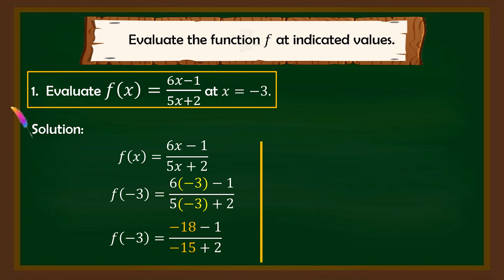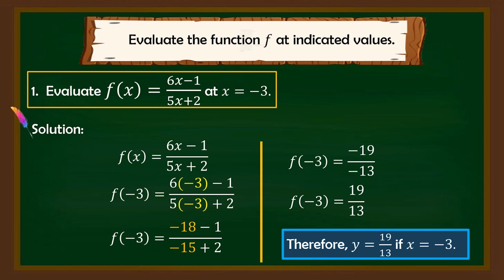Then simplify further. f of negative 3 is equal to negative 19 over negative 13. Then we have negative divided by negative equals positive. Therefore, f of negative 3 is equal to 19 over 13. So we have y is equal to 19 over 13 if x is equal to negative 3.